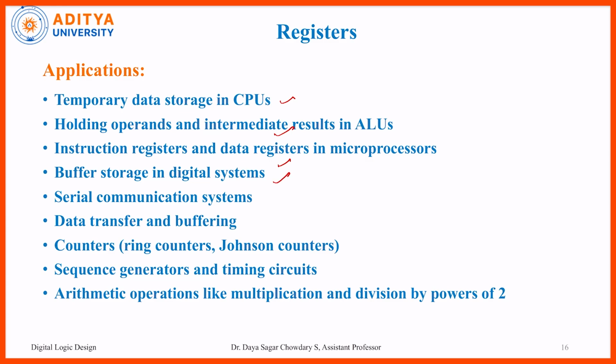Also buffer storage in digital systems, serial communication, data transfer and buffering, counters like ring counters and Johnson counters, sequence generators and timing circuits, and arithmetic operations like multiplication and division by powers of 2. So, these are all the applications of registers as well as shift registers.